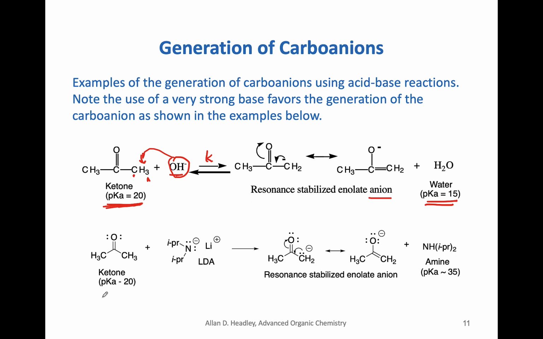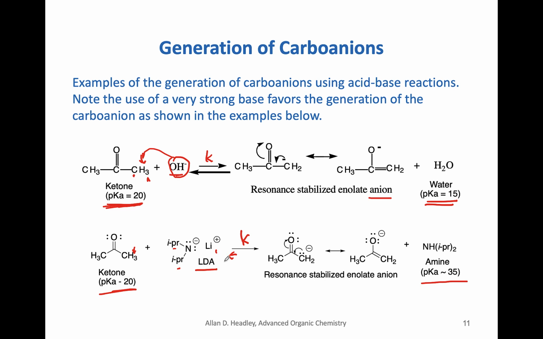But look at this one. Same pKa, same acidic hydrogen, but now we're using LDA, lithium diisopropylamide, as shown here. This is the amide anion, an extremely strong base because its conjugate acid has a pKa of 35. So therefore this equilibrium K lies all the way to the right and not to the left, as shown in the top reaction.